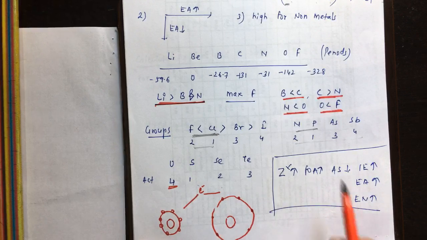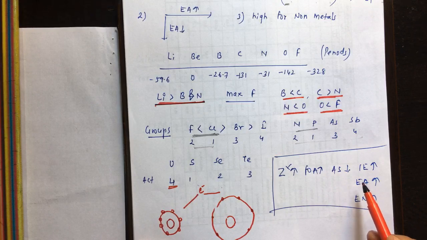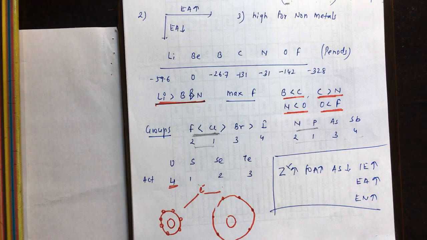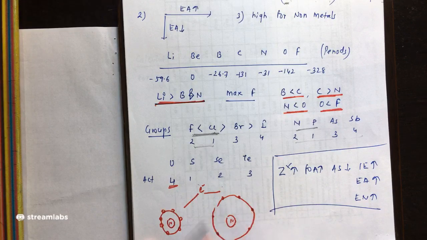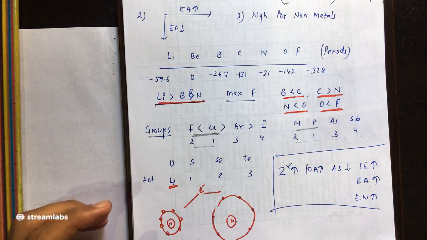As I said, as Z effective increases, the force of attraction increases, atomic size decreases, ionization energy increases, and electron affinity and electronegativity also increase. Between fluorine and chlorine, the size of fluorine is smaller than that of chlorine. Fluorine has 7 electrons in the outermost shell around the nucleus, and they are condensed, very near to each other.